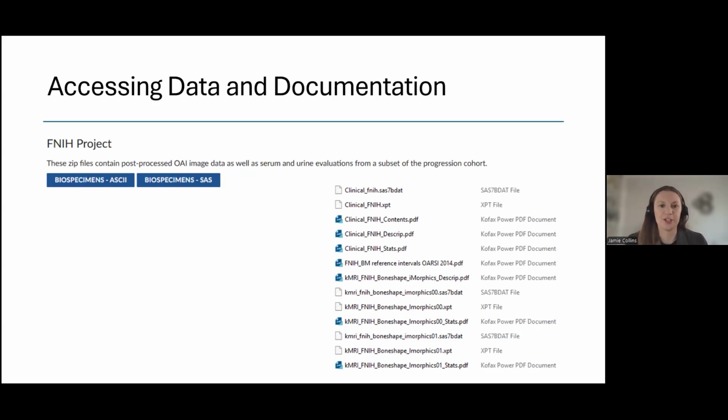I included a screenshot of some of the things that you would download if you were to click on that biospecimen SAS. It's all of the data for the entire FNIH, including the clinical data, reference intervals, and the bone shape from iMorphics, et cetera. So you'll get dozens of files, but this would be everything you need for FNIH. And again, I realize it says biospecimens, but this is going to give you everything if you click on downloading that.